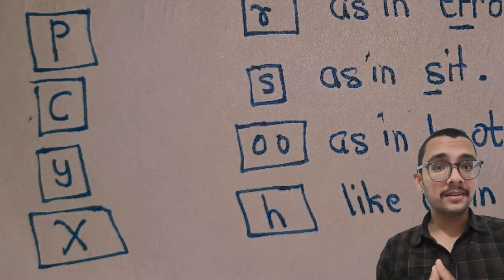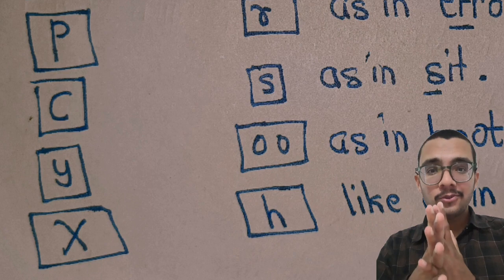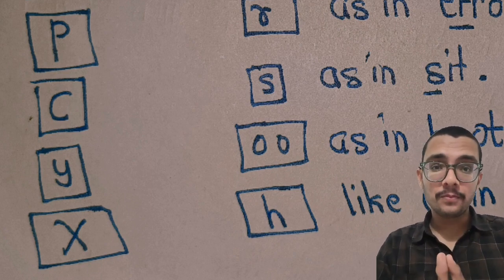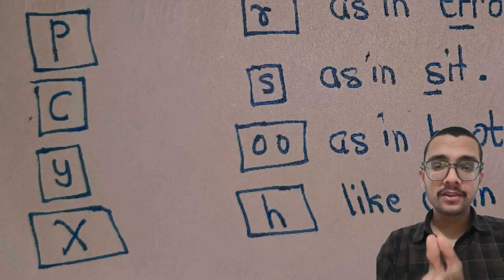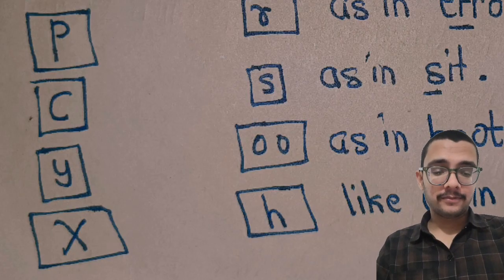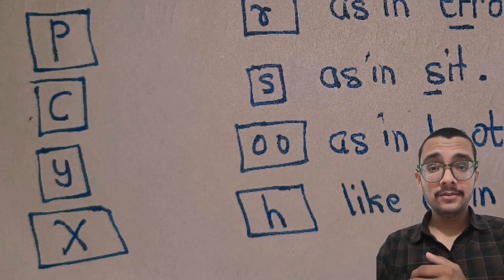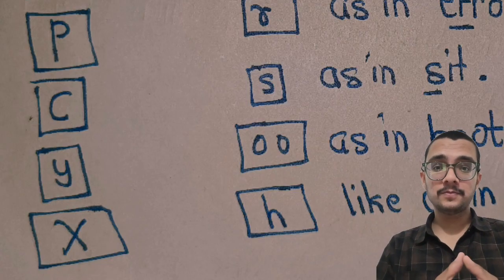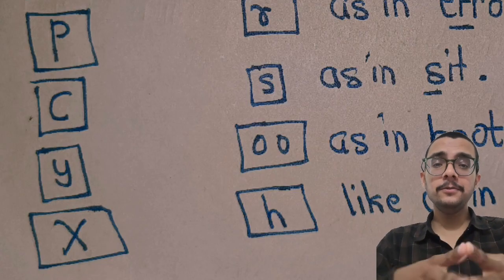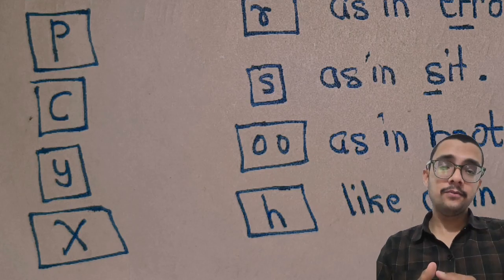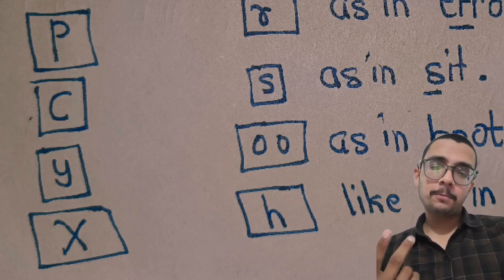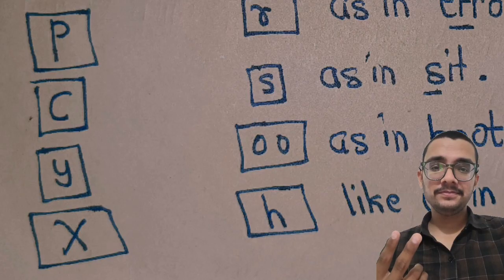It looks like Y, but it is pronounced as U, as in double O, U as in boot. Look at this character. It looks like X, but it is pronounced like H, as in loch. This was the second set of characters, which look like English, but are not pronounced like English.